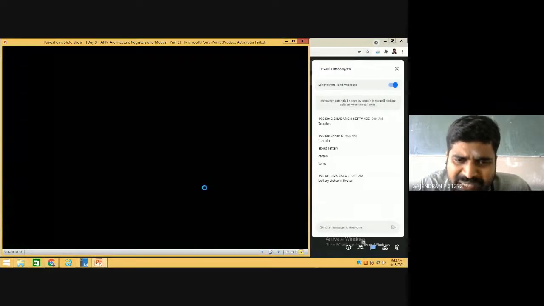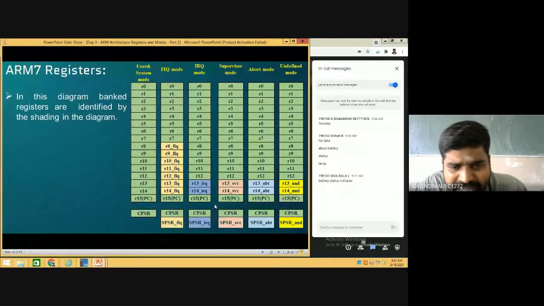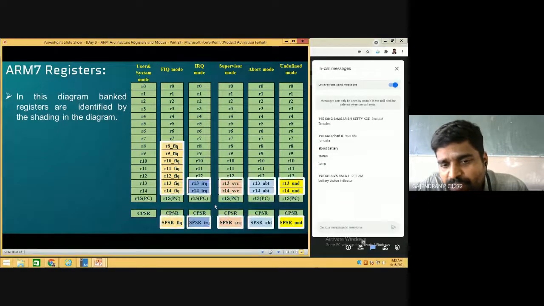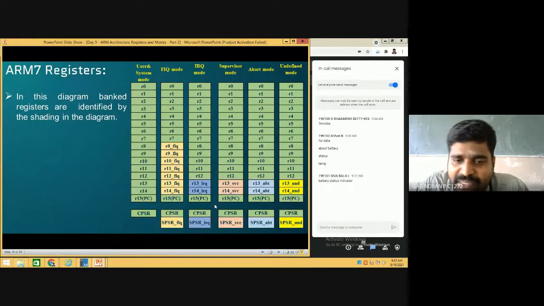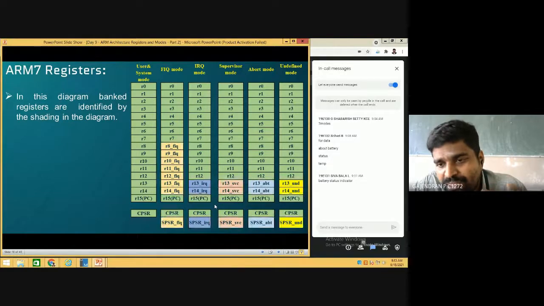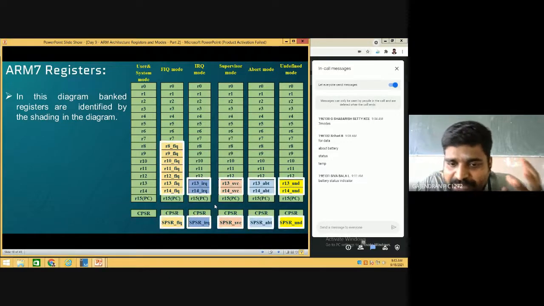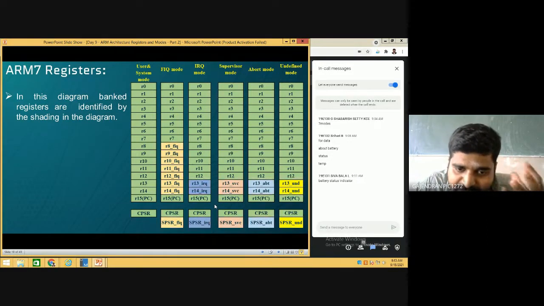So take a screenshot of this one, it will be very, very useful. The highlighted portions are your bank registers. These kind of animations we can't put in the textbooks, and unless you listen to the class, these won't register in your mind.